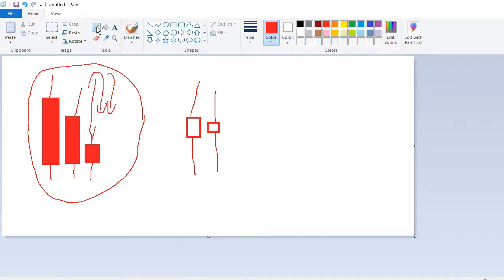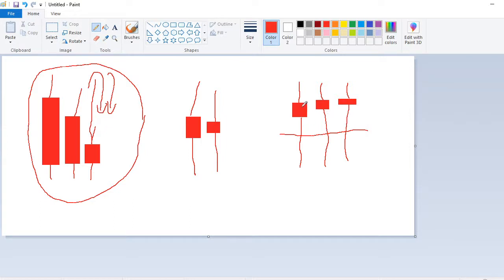How about the bull candles in red color? Even though they are in red color, if you look at them, the bottom wicks are very big, and the bodies are present above the half of the candle.